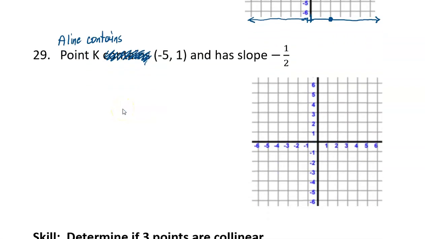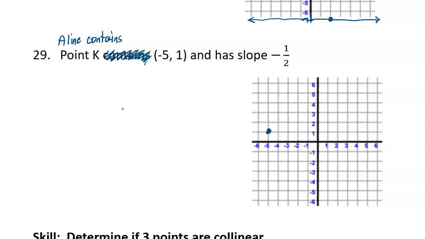We're supposed to draw a line. We know that the line contains point K, and the line has a slope of -1/2. So where is (-5, 1)? On the x-axis, go to -5, and then go up 1 square and put the dot.